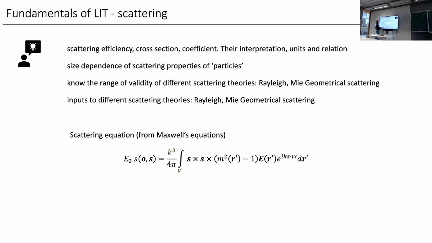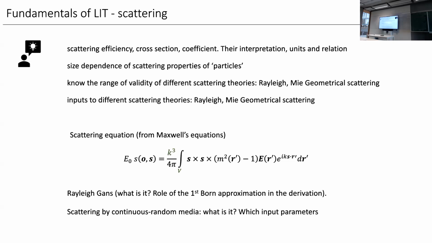This would be the result derived straight from Maxwell's equations that would describe the scattered field. Of course, the fact that you have the scattered field on the left-hand side and inside the integral is not so convenient. So one important approximation that we always do is the first order approximation, using that the total field in the medium is the same as the incident field.